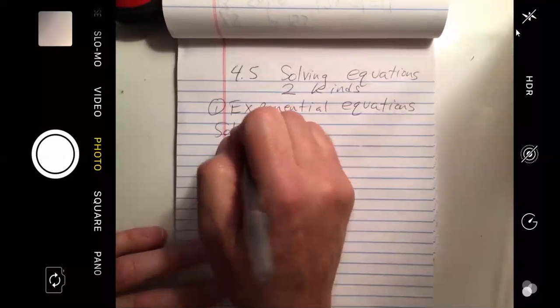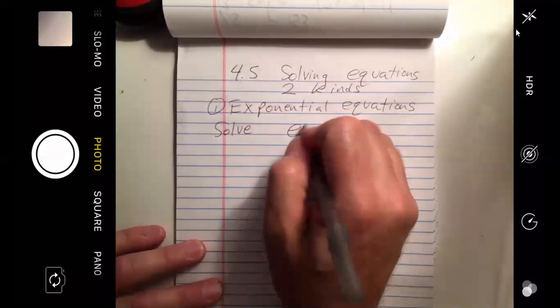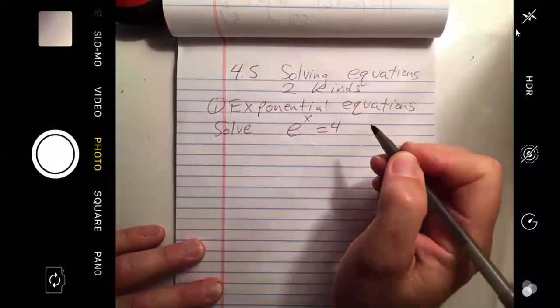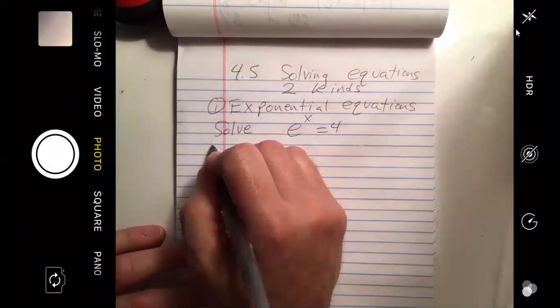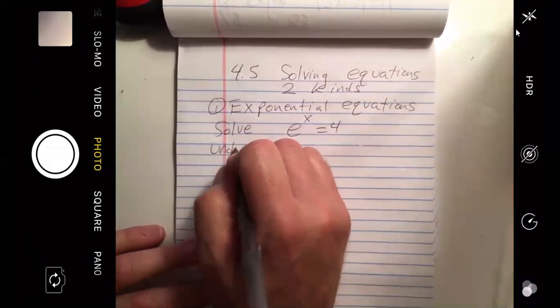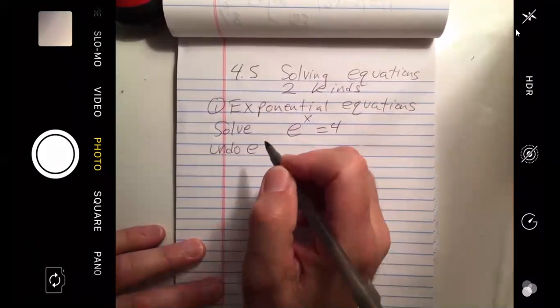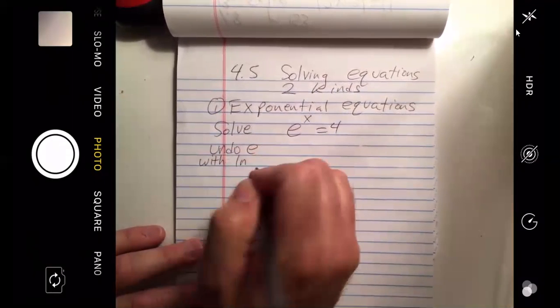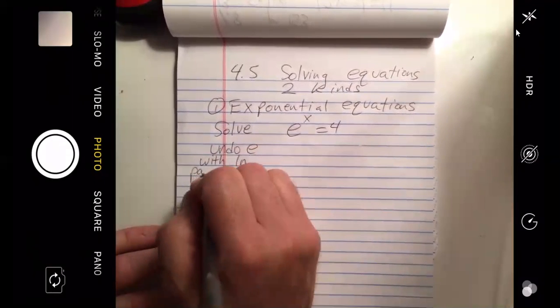So in other words, we might have you solve e to the x equals 4. And so what you want to do is undo e. And that's done with the ln. It's paired on the calculator.